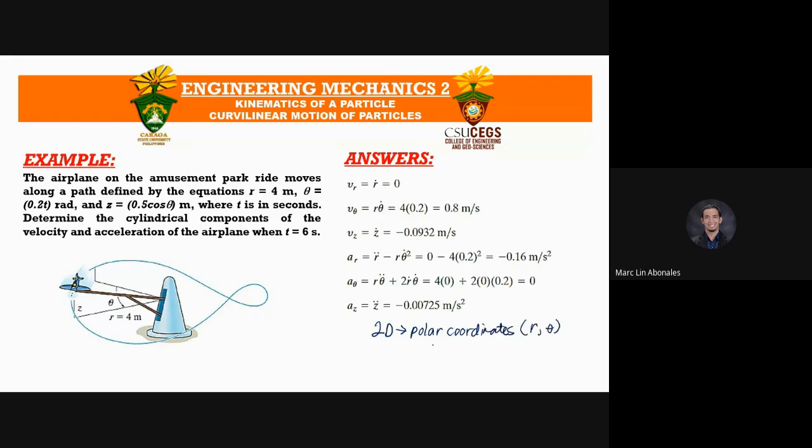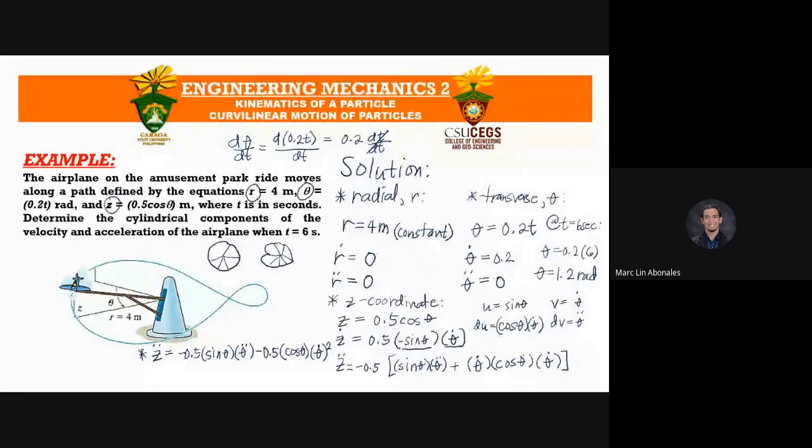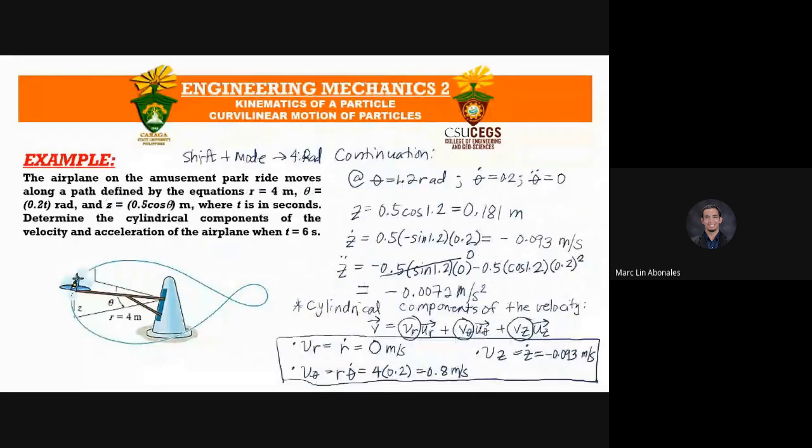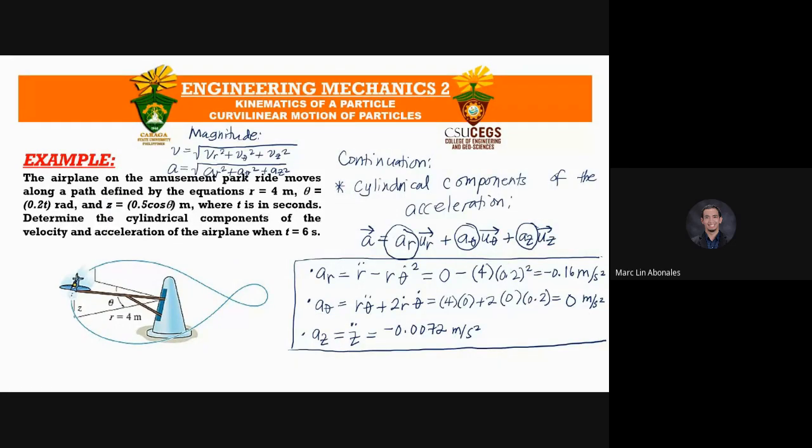Pero kung 3-dimensional, like what we did here, that is what we call the cylindrical coordinates, that is R theta plus the third coordinate, the Z. Okay, so that is how you determine or how you solve for cylindrical components.